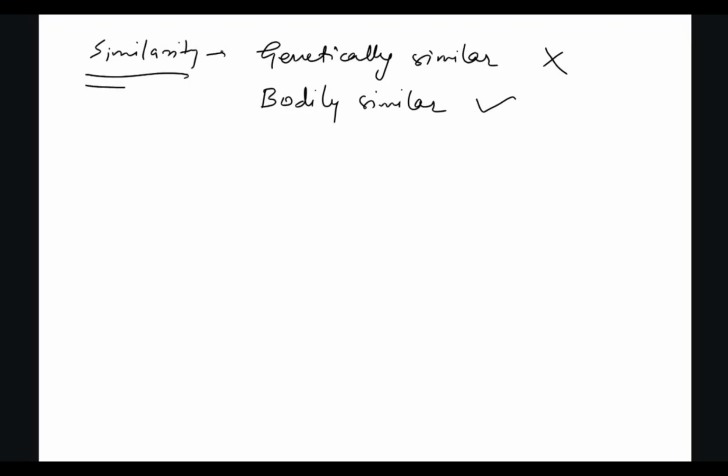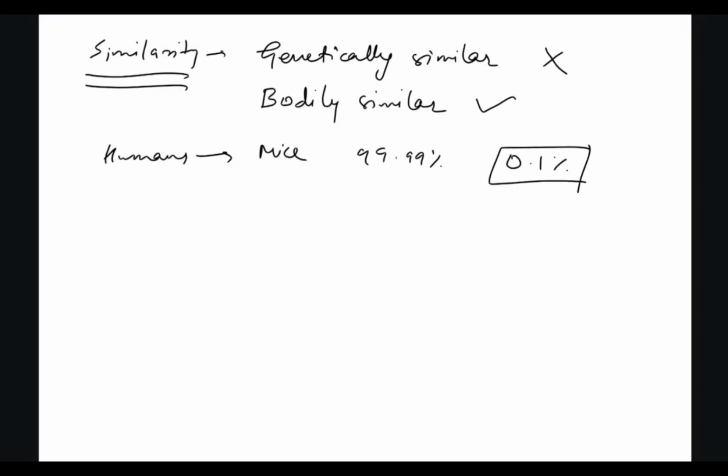You will be shocked to know that humans are closer to mice. There is 99.99% genetic similarity between humans and mice, and this 0.1% difference is what distinguishes us from them, right? So that is one of the reasons why most of the pharmaceutical companies, or even the labs, the studies that we do are based on mice themselves, right?